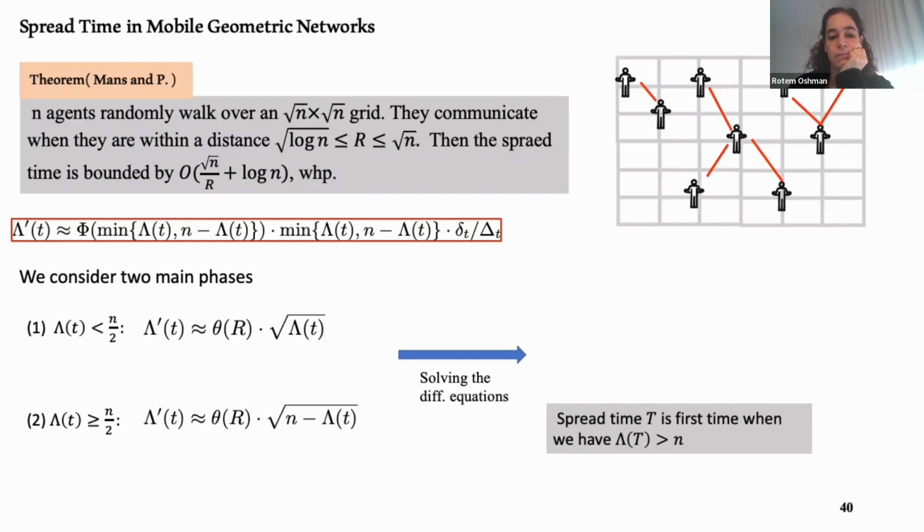As the expected number of informed nodes follows a Poisson process, the actual number of informed nodes is also concentrated around the expectation. Thus, the spread time is the first time when the capital Lambda is at least n. And with some calculus, we can compute the upper bound for the spread time, and the theorem is proved.